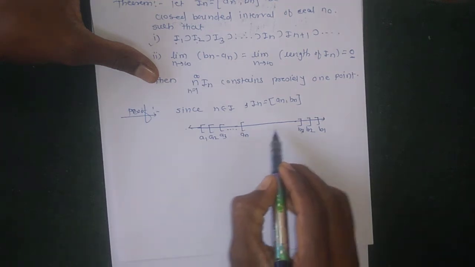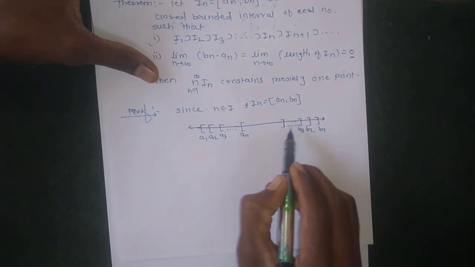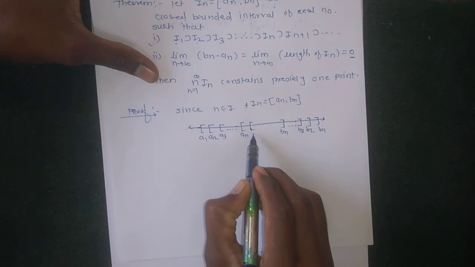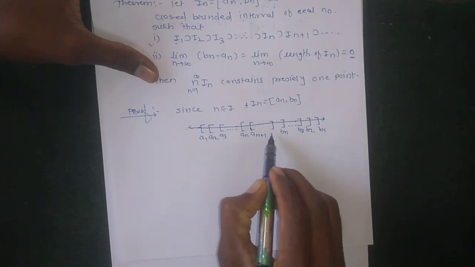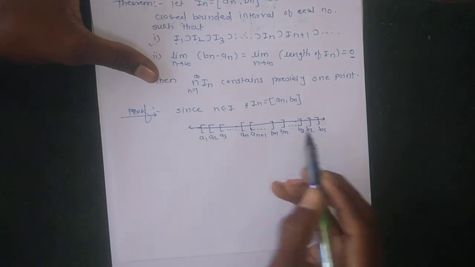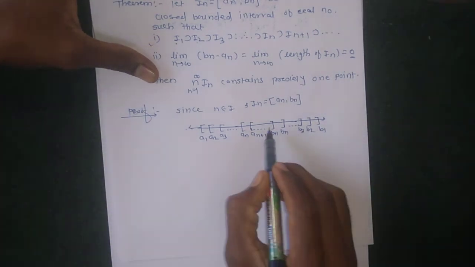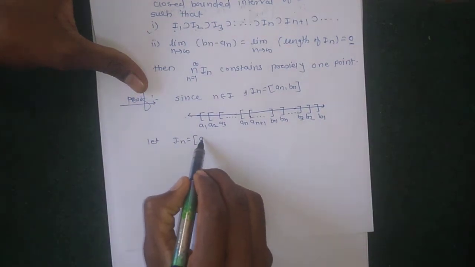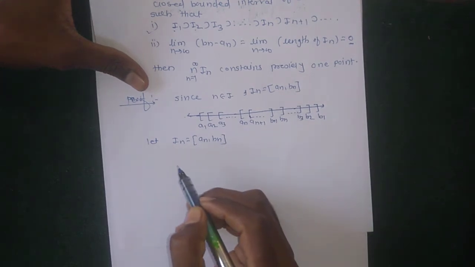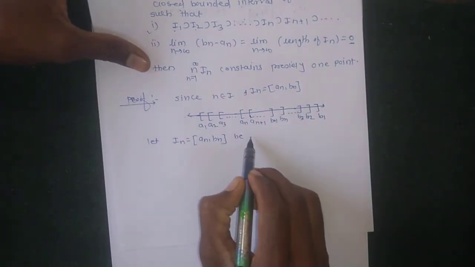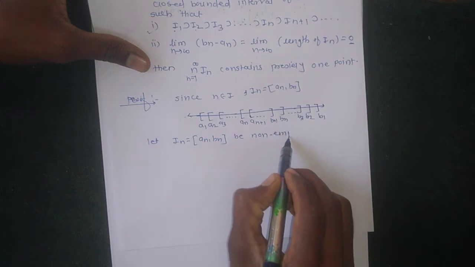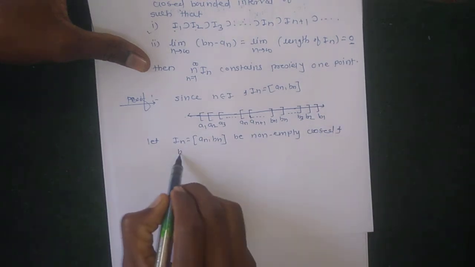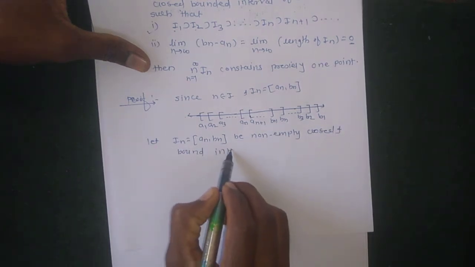Up to [an, bn], then [an+1, bn+1], and so on in this way. Here In is given as a non-empty closed and bounded interval.